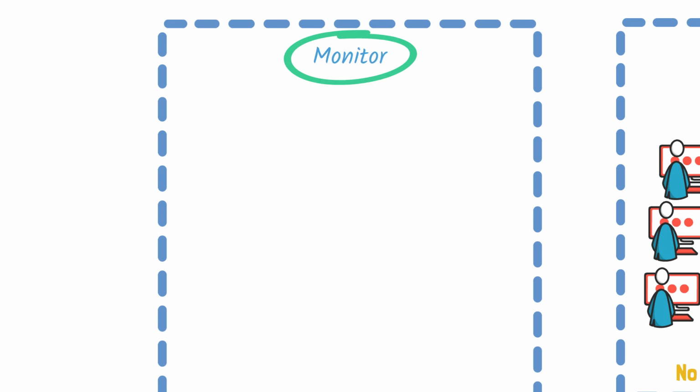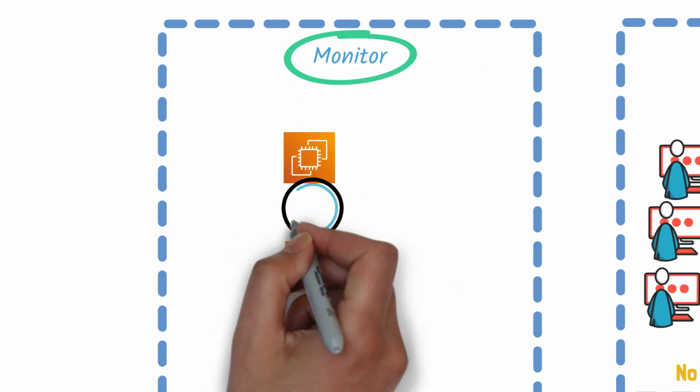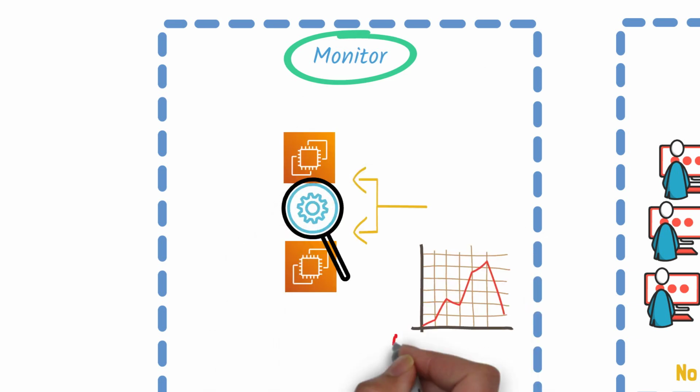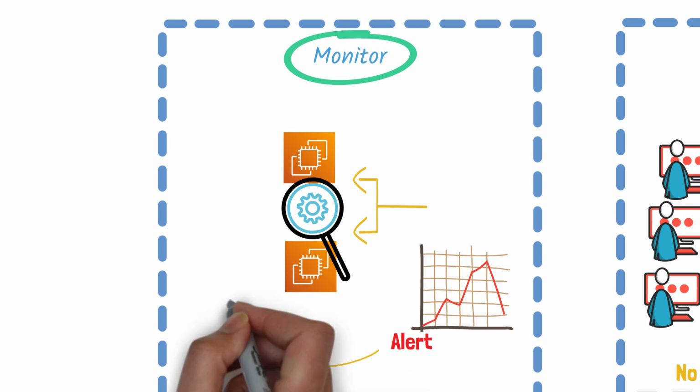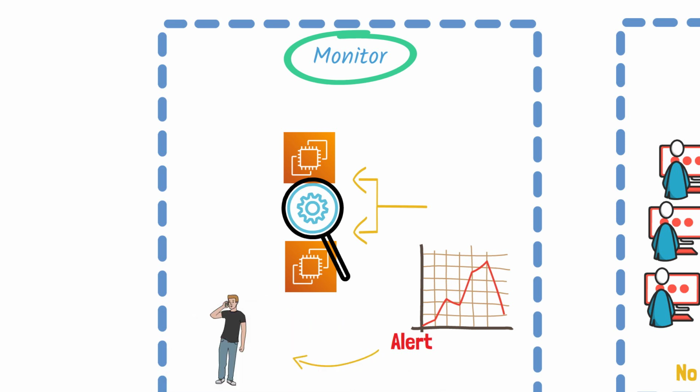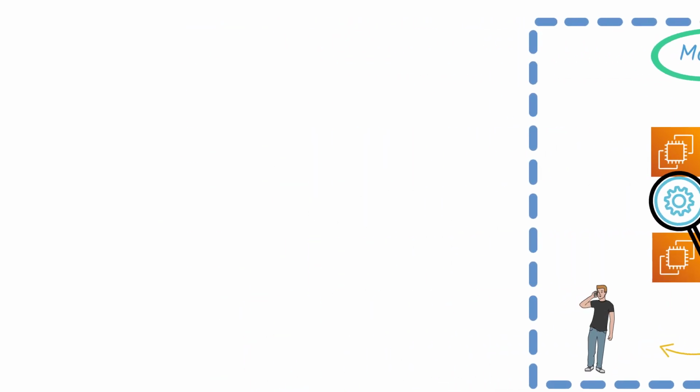The most critical step in creating a reliable system is monitoring anomalies and triggering an alert if a problem is detected. Therefore, having adequate monitoring and alerting mechanism is an essential part of any reliable architecture. CloudWatch is an AWS service that provides comprehensive tools for monitoring and alerting purposes.